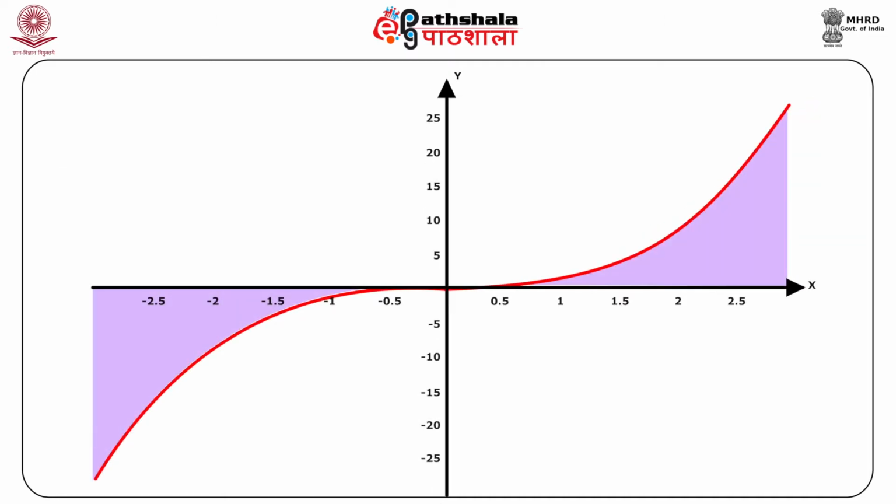And now look at an odd function, y is equal to x cube, and if you try to do the same thing, you find that you can determine the integral between 0 and a. This is positive because this is in the positive quadrant of y, and from minus a to 0 it is below the x axis, so the area is negative, and when you add up the two areas you get 0.